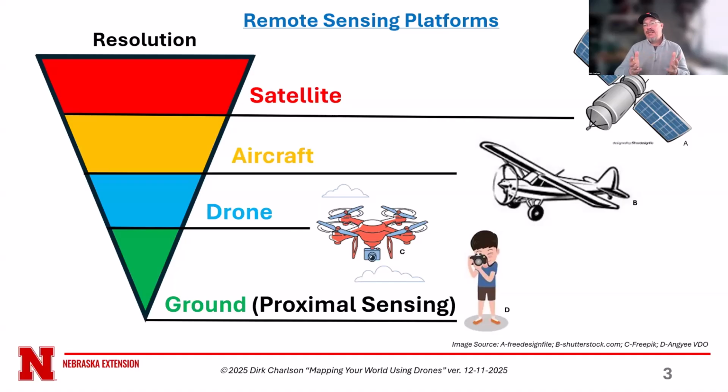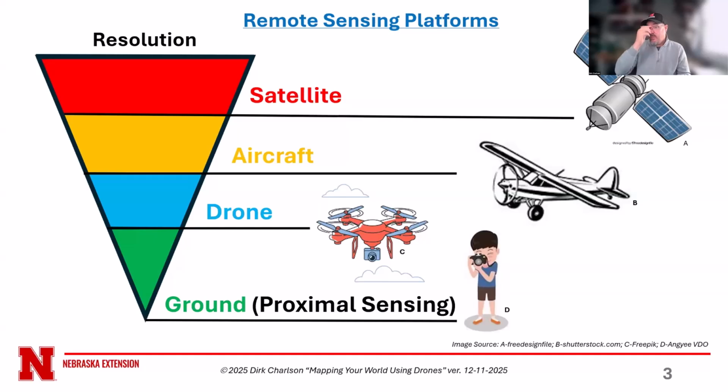So you have the satellites, which can collect imagery, and then you can also collect imagery with aircraft, which has been done since before World War I. More recently, in the last decade or so, drones have come on the scene. Another level of remote sensing is at the ground, which we could call proximal sensing.